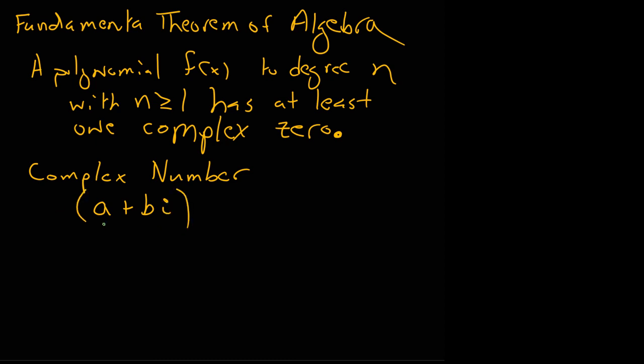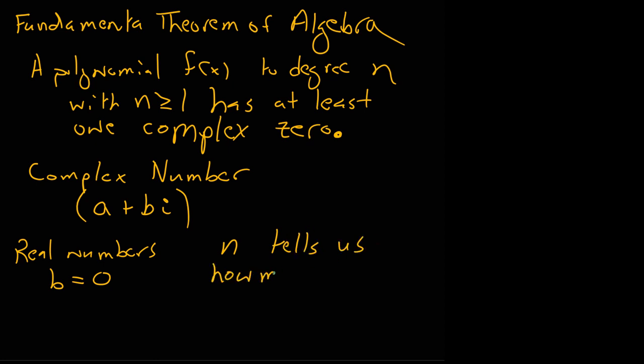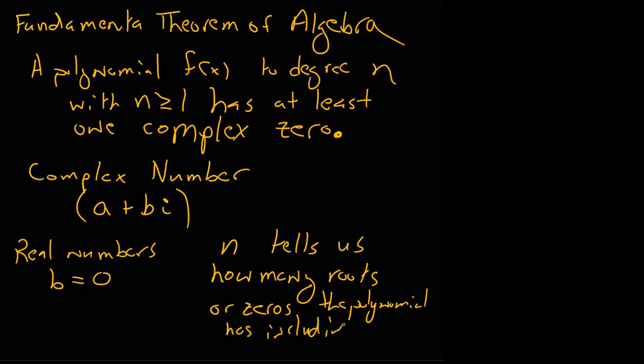Now, everything we were doing before for real numbers, b equals 0, is still a complex number. It's still a part of the complex numbers. What ends up happening is n tells us how many roots or zeros the polynomial has, including multiplicity.